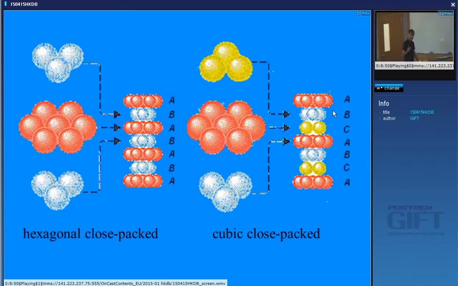Now, we've looked at the transformation from face-centered cubic to body-centered cubic, and it can be tetragonal as well. It doesn't matter. But there's another kind of transformation we are interested in now, especially with things like high manganese steels and so forth, where you transform austenite into hexagonal close-packed martensite, right?